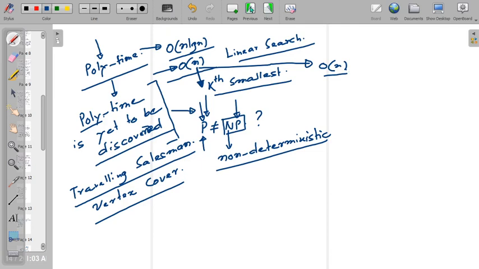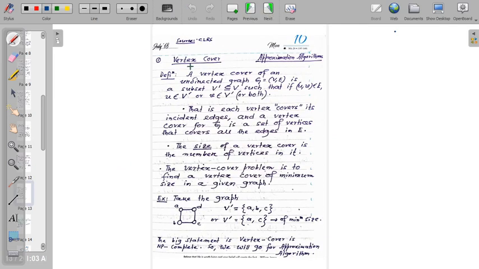Now we'll be discussing this vertex cover problem. So what is this vertex cover problem?